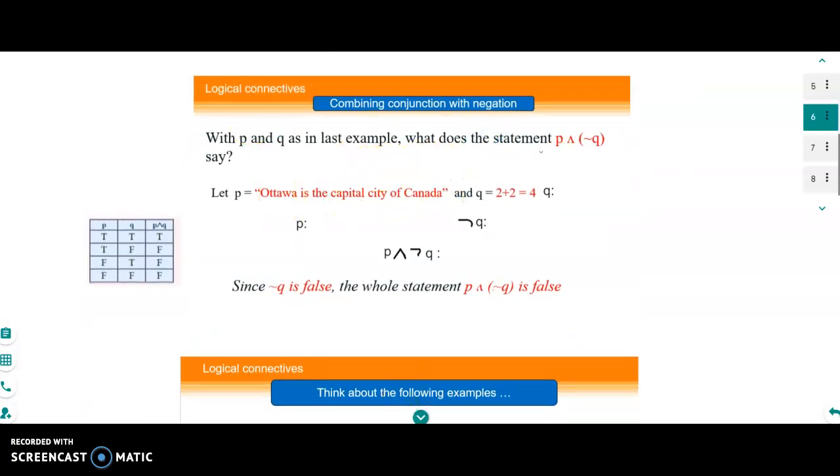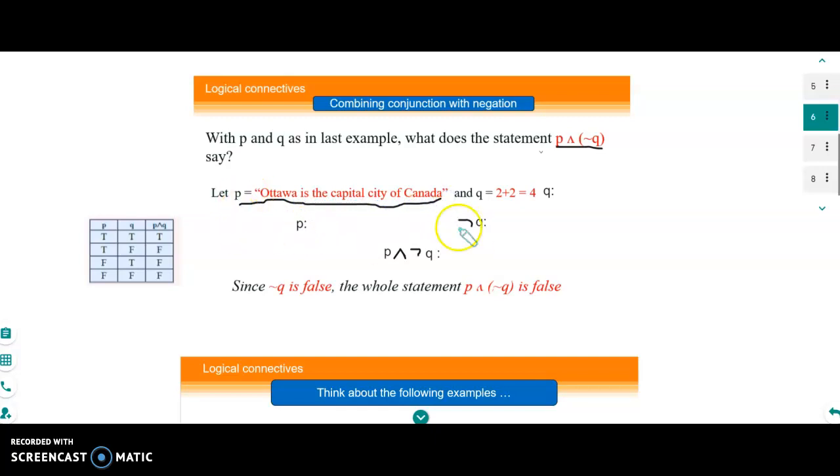Okay, let's go on to the next slide, and here we have another example. Now we are going to find P and, do you remember what this sign is? This is negation. P and the negation of Q, the denial of Q, what will that be? Here we have the first proposition, P. Ottawa is the capital city of Canada.